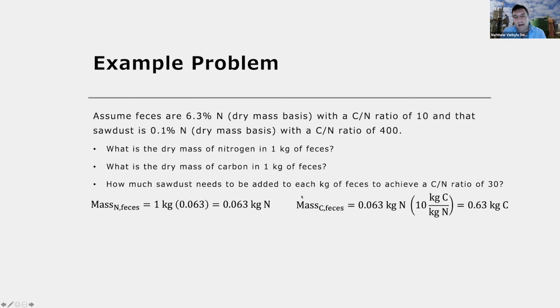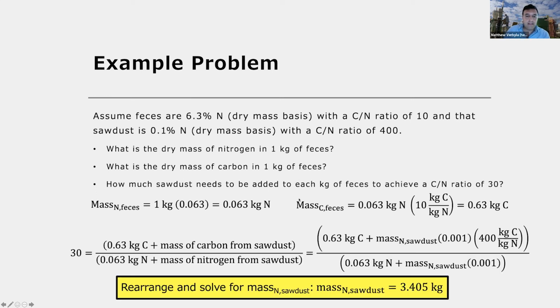We then calculate the mass of carbon by multiplying that nitrogen mass by the carbon to nitrogen ratio of 10. So that means 10 kilograms of carbon per 1 kilogram of nitrogen, which gives us a value of 0.63 kilograms.